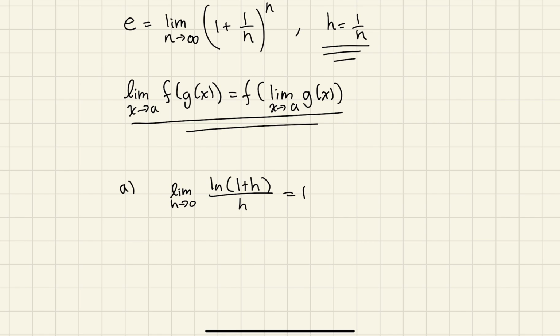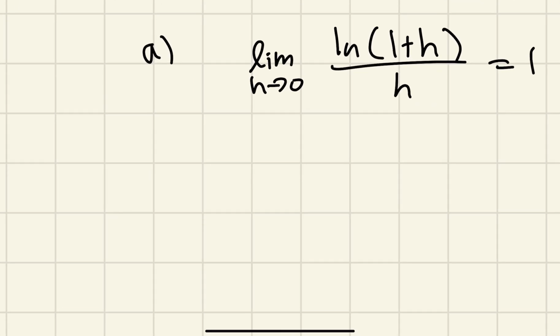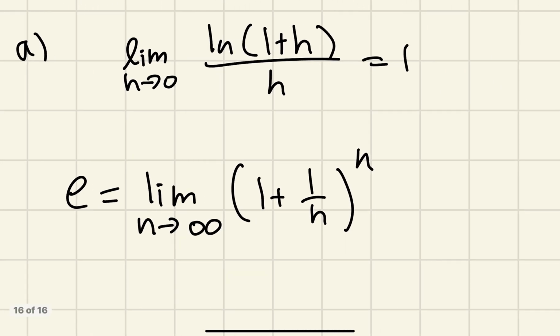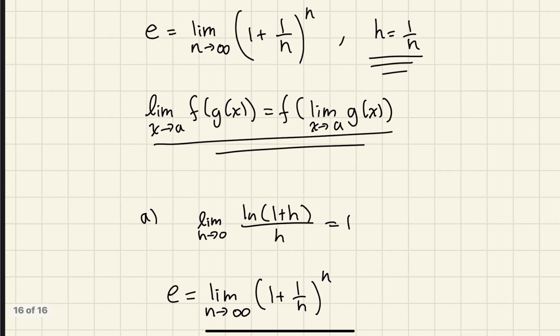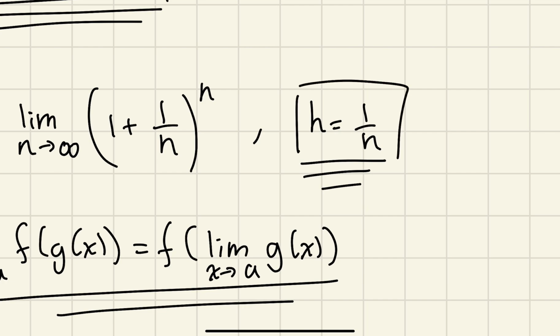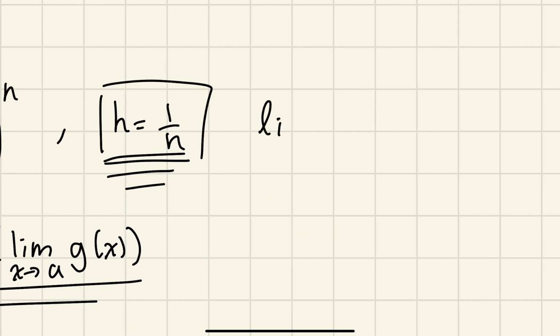So let's see. The first thing we should do is go back to our original definition here, which is that e equals the limit as n approaches infinity of (1 plus 1 over n) to the power of n. Now, if h equals 1 over n, then as n approaches infinity, what does 1 over n approach?